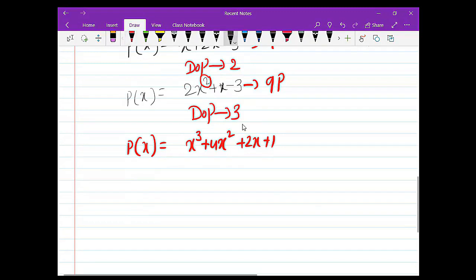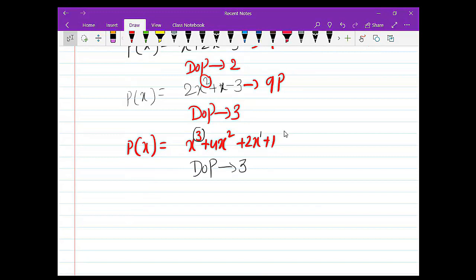Yes, the degree of the polynomial is 3 here. What you are guessing is right. The degree is 3 because the highest power in this polynomial is 3. Here the power is 1, here the exponent is 2, here the exponent is 3. So the highest exponent of this polynomial is 3.